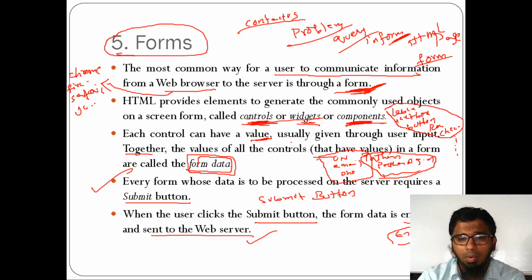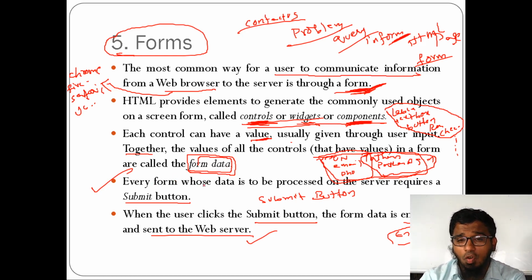All of these come under controls, widgets or components. Here, the combination of all the values, getting all the input from the user, is the value of all the controls in the form, and it is called form data.